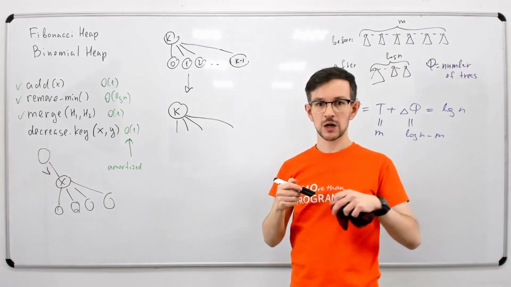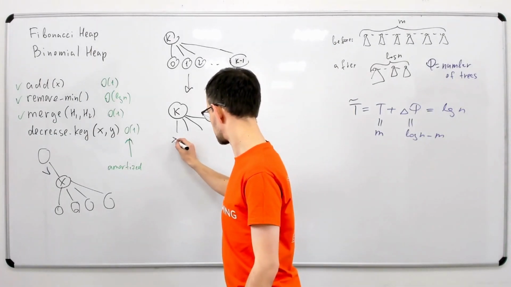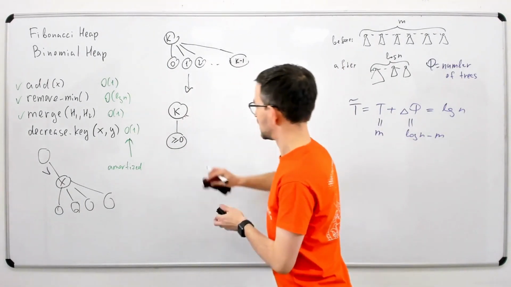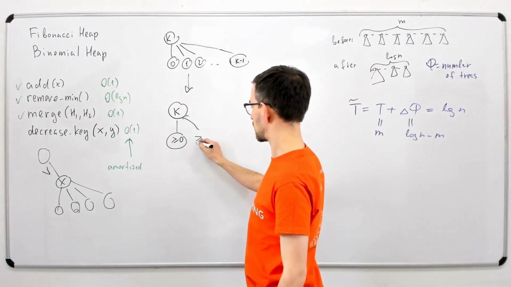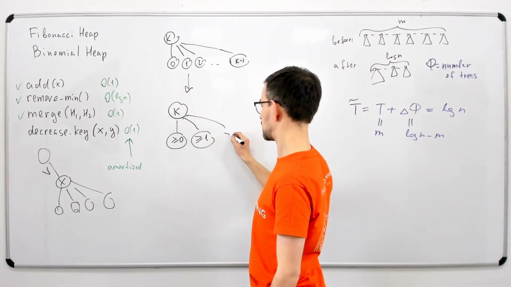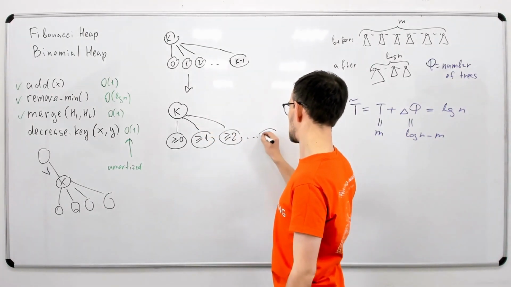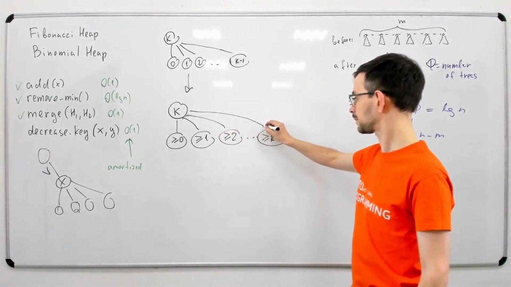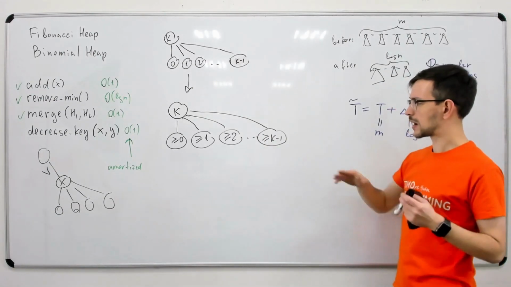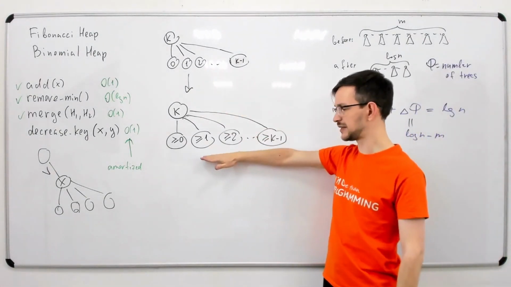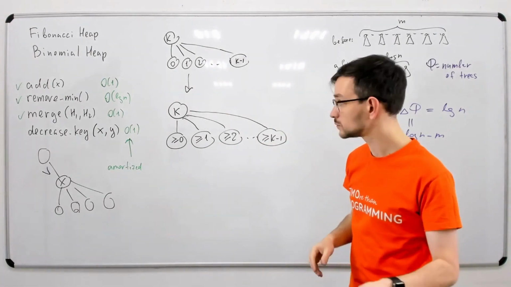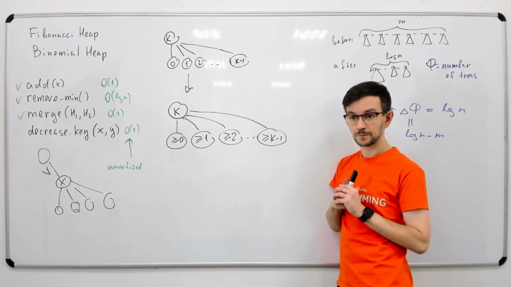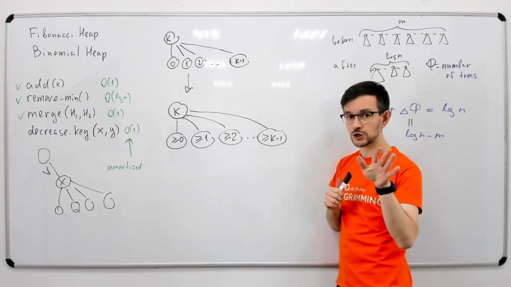The first child must have rank at least 0. That's quite obvious, all ranks are at least 0. The next child should have rank at least 1. The next child, rank at least 2, and so on. The last child has rank at least k minus 1. So now we have all ranks not equal to this, but at least this. That's the first change.